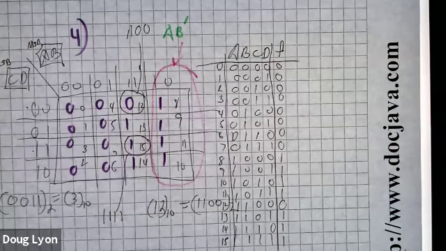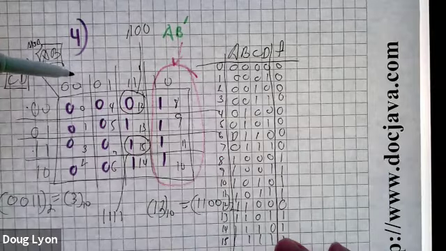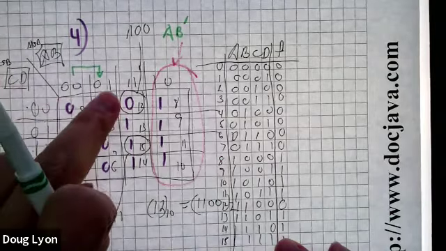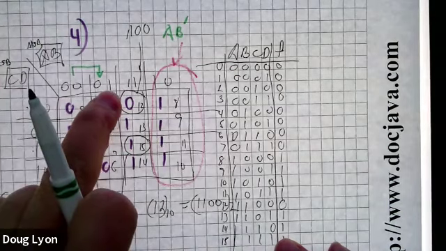why is it in the order of 00, 01, 11, 10 on the outside of the table? Yeah. So this is one bit of difference between 00 and 01, and that bit is the least significant bit.